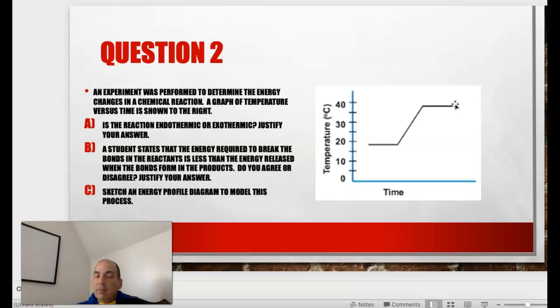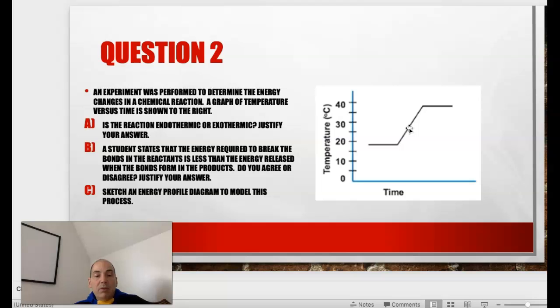Okay, we have to be real careful here. Part A. As we see, the temperature is rising, which means that heat had to go into what we're measuring. But we're measuring a reaction. When we measure the temperature, we're measuring the temperature of the surroundings. You can't really stick a thermometer into the reaction.